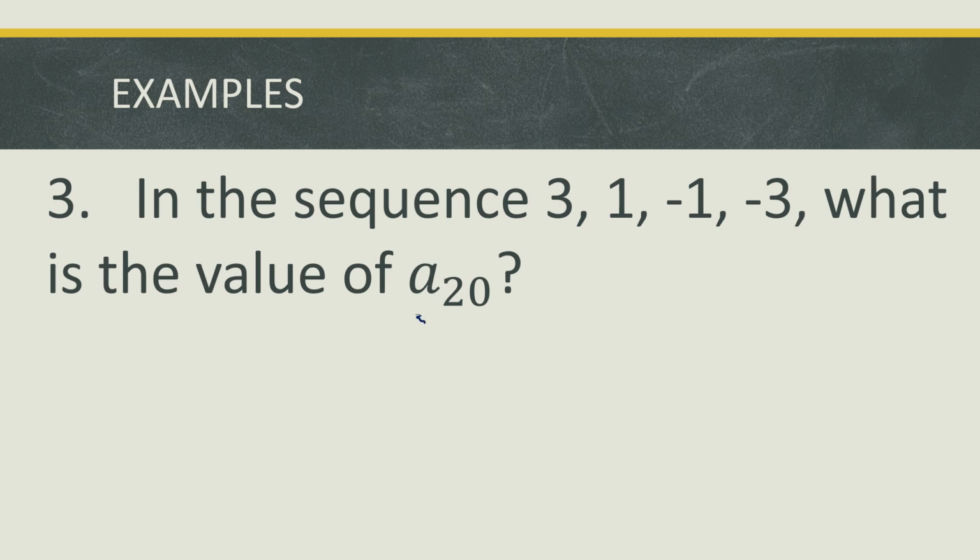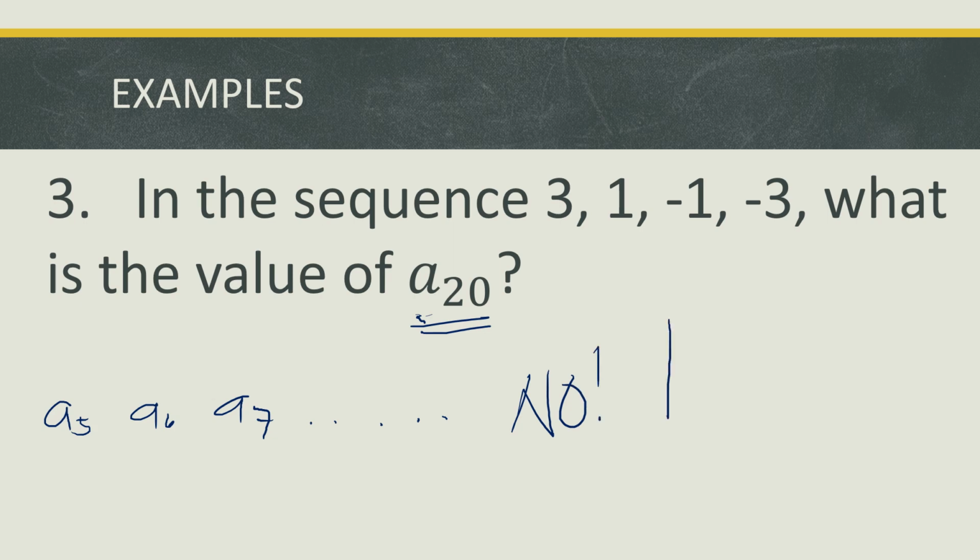Say for example, in the sequence 3, 1, negative 1, and negative 3, what is the value of a sub 20? A sub 20 is far from the first 4 terms. So do we need to write a sub 5, a sub 6, a sub 7, and so on? No, we do not need to write those. We will now use a formula.